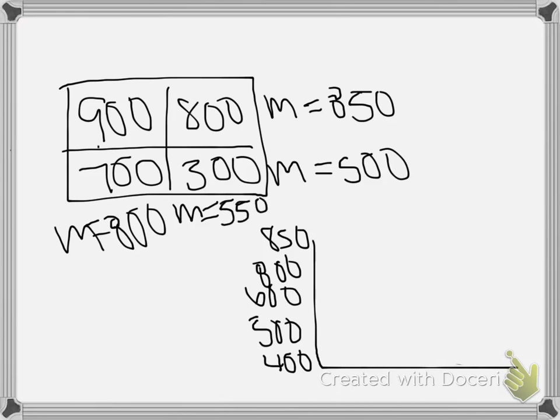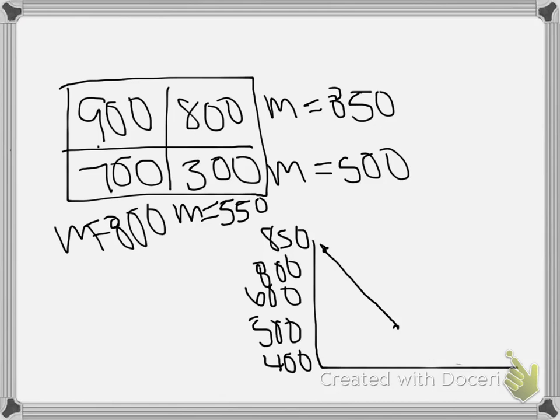Draw that back there, right there. Okay, so once again, we start with 850. 850 is here. And then 500 is like right there.